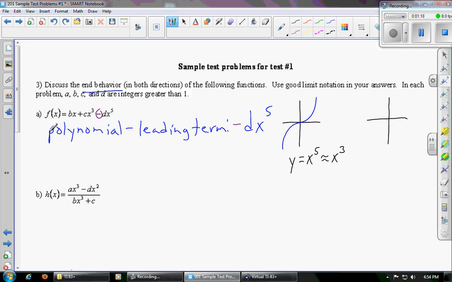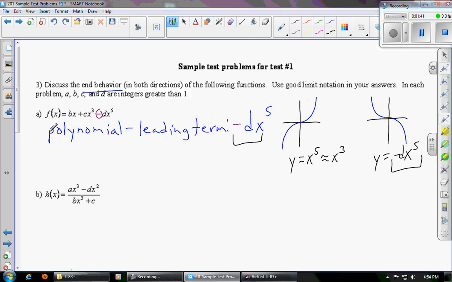So we know that negating a whole function is just going to flip it over the x-axis. So this equation right here could be something like y equals negative x to the fifth. And in fact, that last graph I drew looks like y equals negative anything x to the fifth. So I'm perfectly happy to put a d in there and say, all right, that's the thing that I'm looking for, negative dx to the fifth.